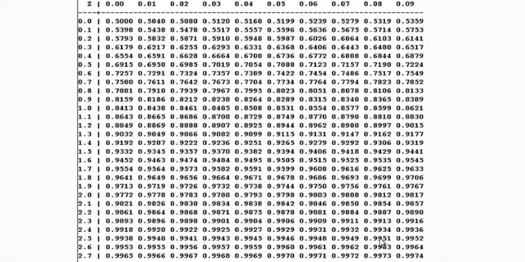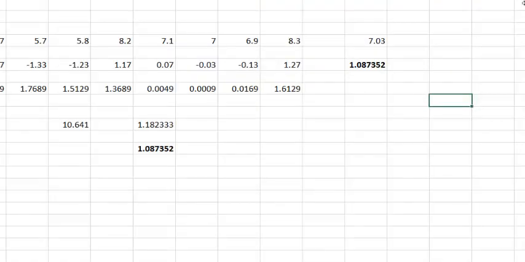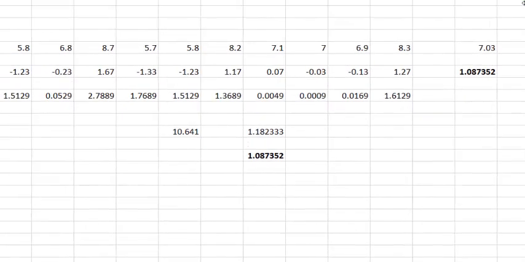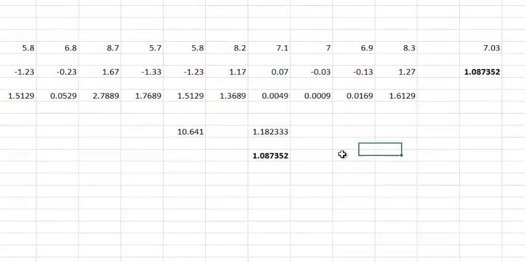It comes out to about 2.58. It's right in between 2.57 and 2.58. We'll round it off to 2.58. And so we have to multiply the standard deviation by 2.58, which you can do on a calculator again, or in Excel.